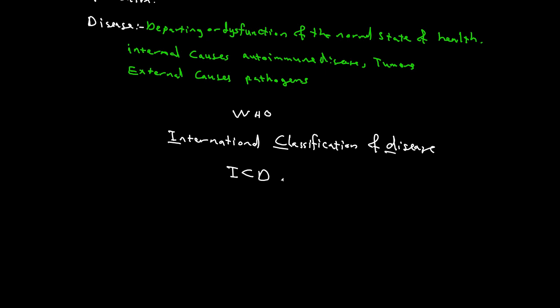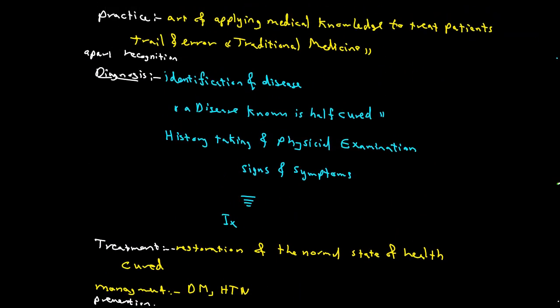The current version is known as ICD-11, which was developed since 2019 and came into effect in 2022. ICD-11 contains around 85,000 classes or nodes of disease, and it can be reviewed on the ICD-11 website. This is what provides the classification of disease.